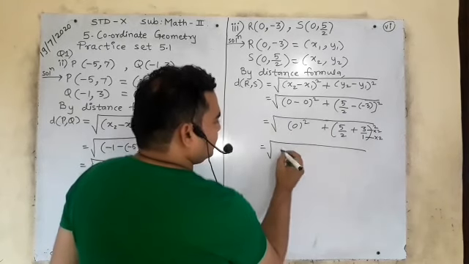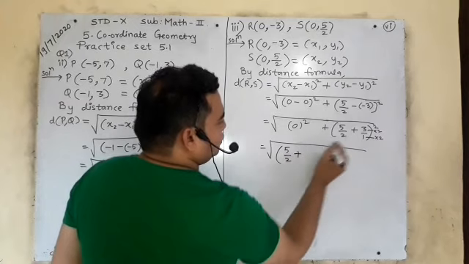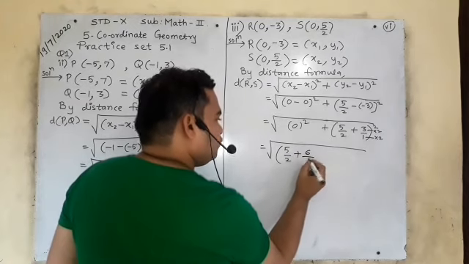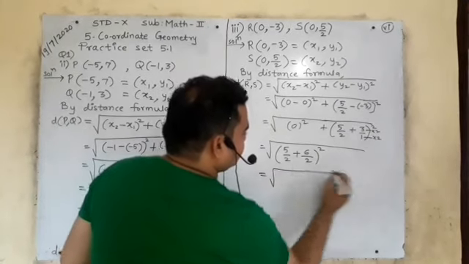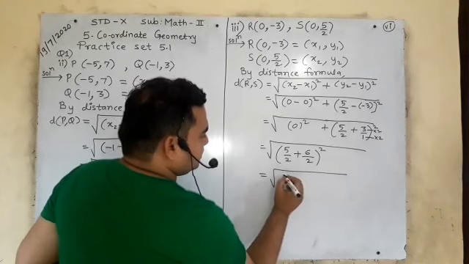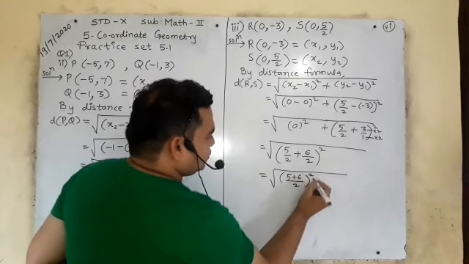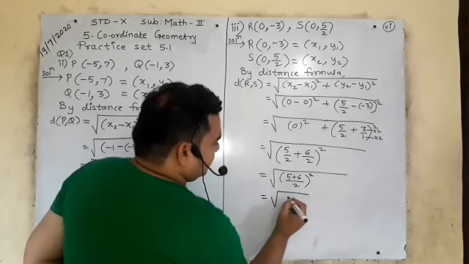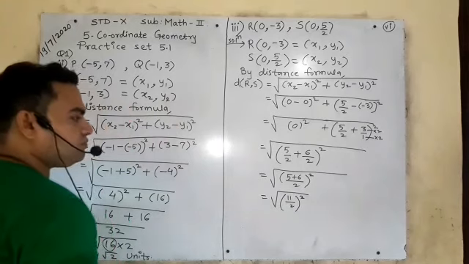Okay, so now take this term only. 5 upon 2 plus 3 twos are 6 and 1 twos are 2, bracket square. Is it clear? So what is the answer now? Addition is possible. Okay, so 5 plus 6 upon common 2, square. What is the answer? 11 upon 2 bracket square.